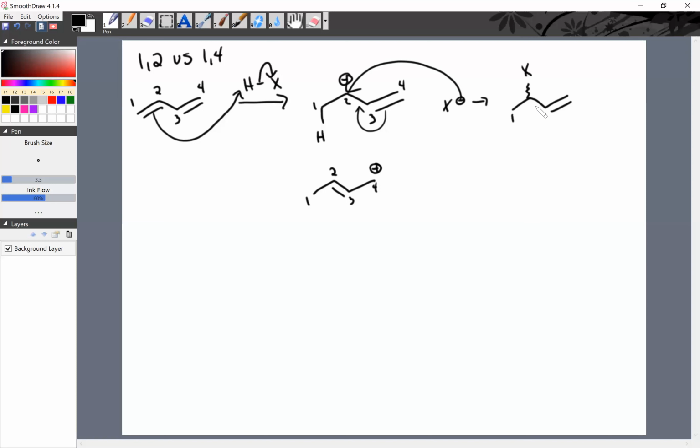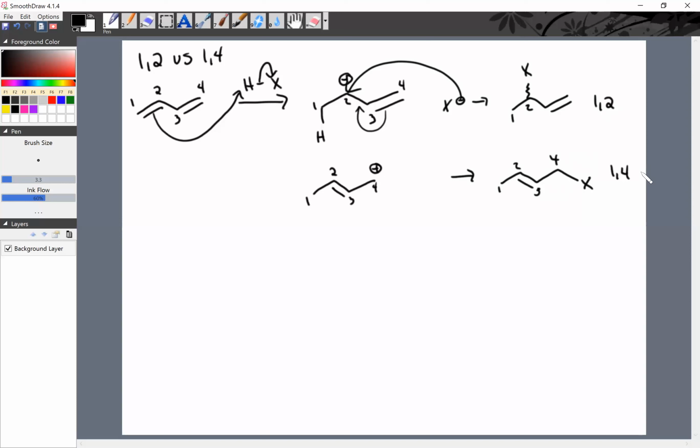This one would be in the 1,2 position, where if you go through the more stable intermediate, and do 1, 2, 3, 4, you would get a 1,2 product. And the 1 is talking about the hydrogen, and the other number is talking about where the halogen is going. So there's nothing really nifty about this. It's just keeping track of our locations.